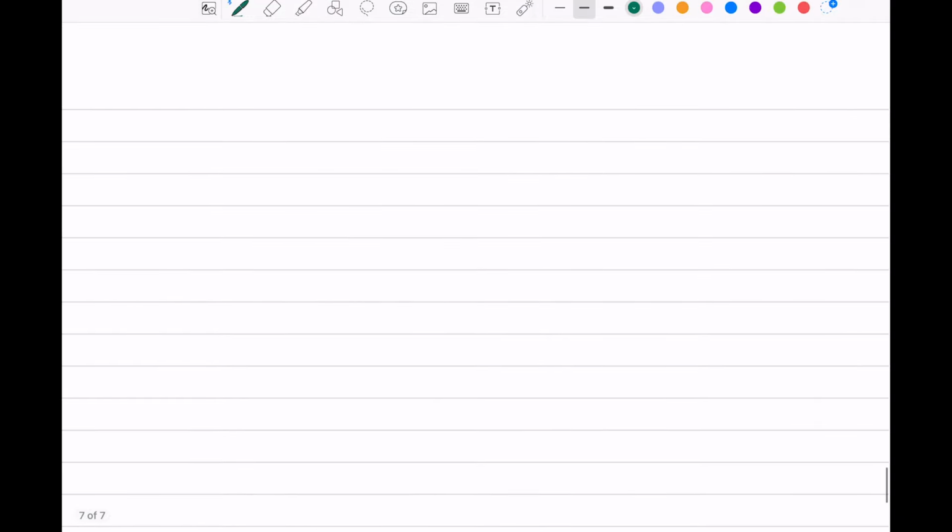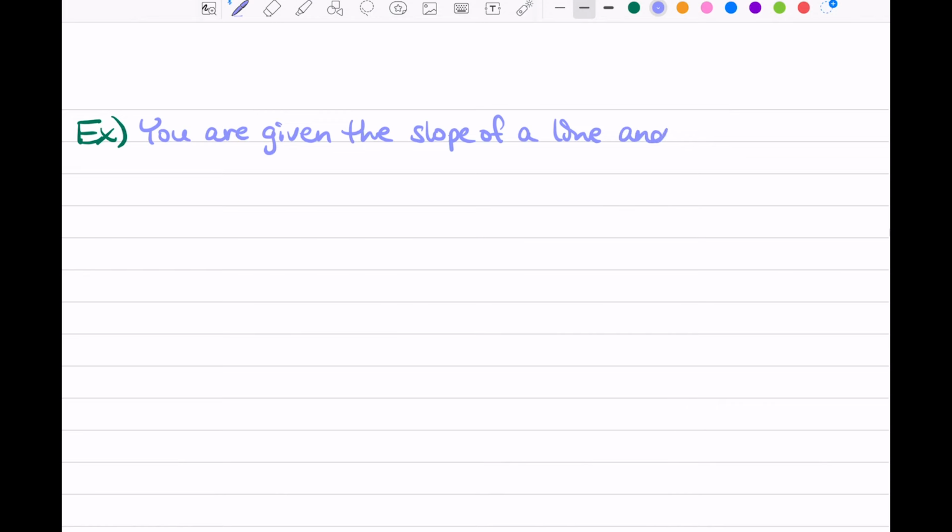We will move on to our final example here, and that is, you are given the slope of a line and a point on that line. So here they are.